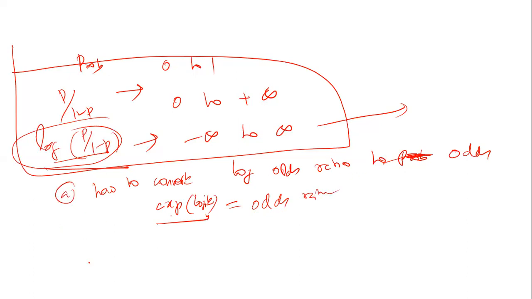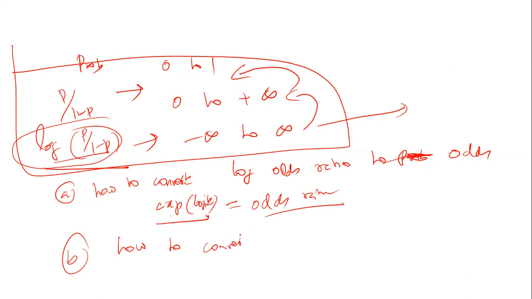Even you need to remember this one also. And the next question: log odds is a bit confusing, so how do I convert the odds ratio to probability? Now we are going in reverse: log odds to odds, and from odds to probability.